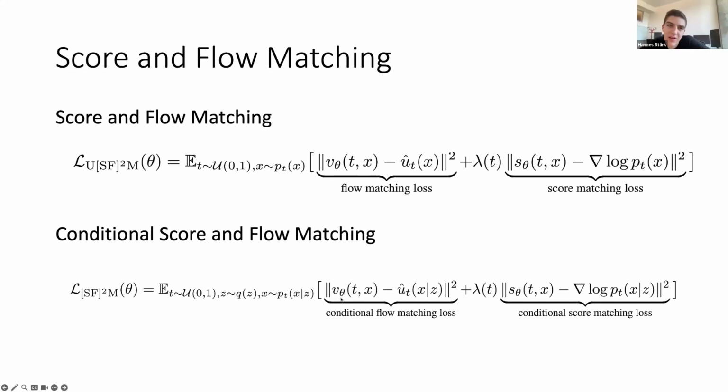Okay, and then what do I have to do? Do I have to change my conditional flow somehow? Do I have to change my sampling somehow for training? Or do I have to change anything else besides putting in this extra term and training this additional model?